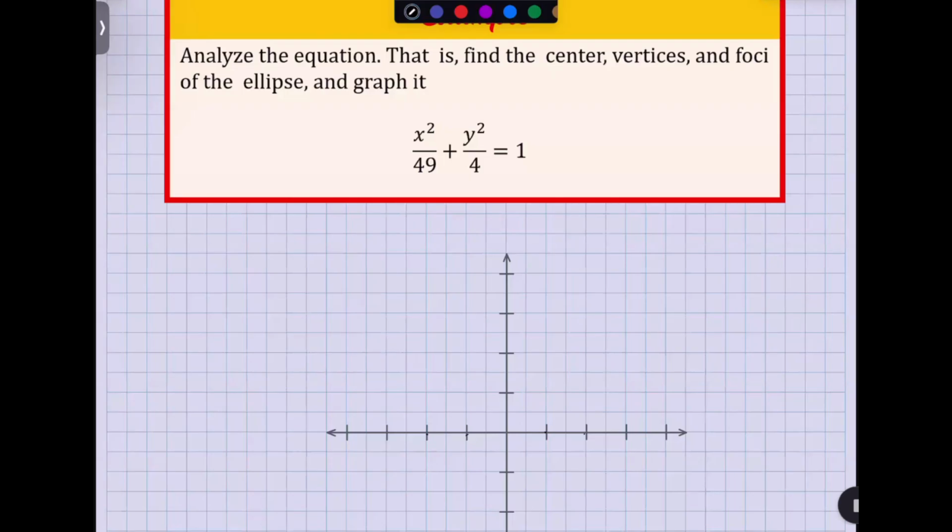True. But again, let's answer my question first. Where's the center? Oh wait, the center is at 0, 0. Awesome. Because there's no H or K attached to the X squared and the Y squared. Awesome.